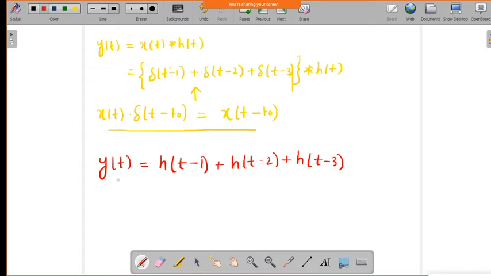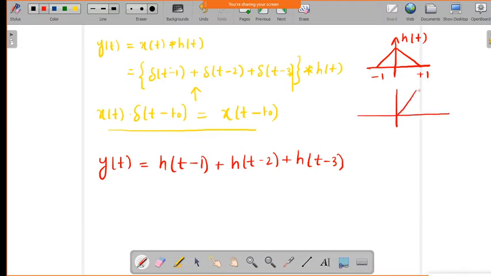Now you know the impulse response, which is given from minus 1 to plus 1. This is h of t. Now you shift by 1 unit, 2 units and 3 units, and you will get the corresponding impulse responses.